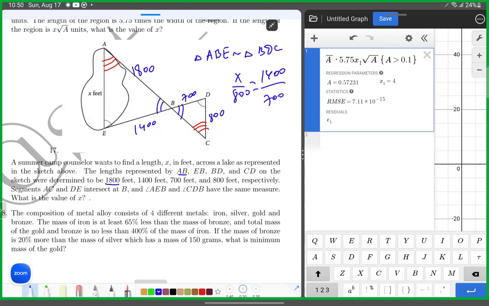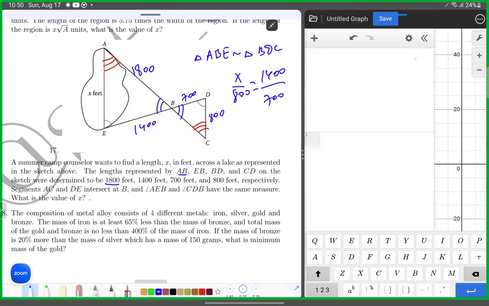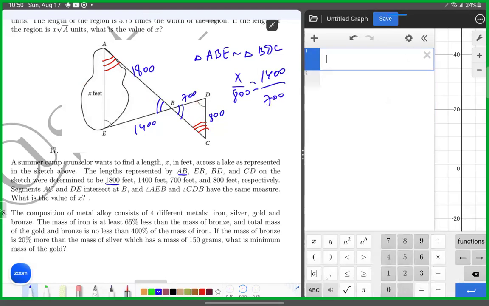Pay attention: the ratios are equal for opposite sides. For calculating x, this one goes to the other side as a multiplication. So 1400 divided by 700 times 800. You will get 1600. So x equals 1600.